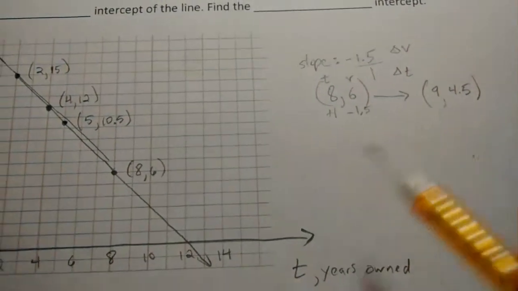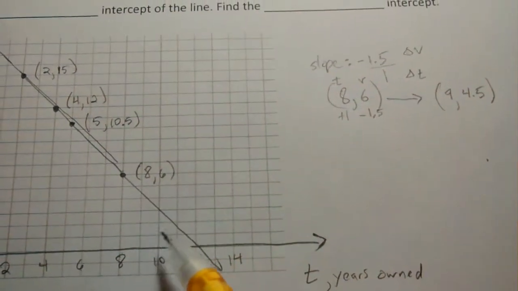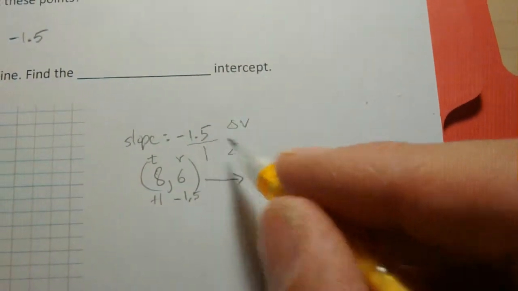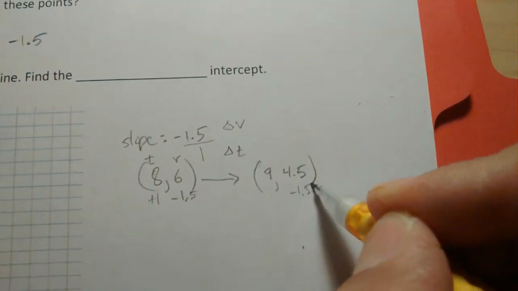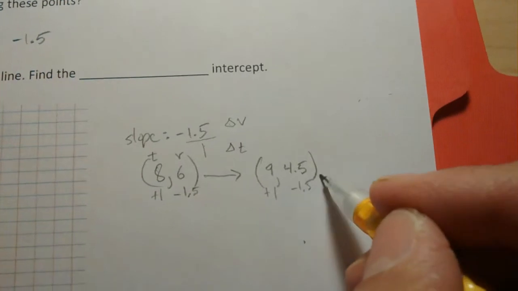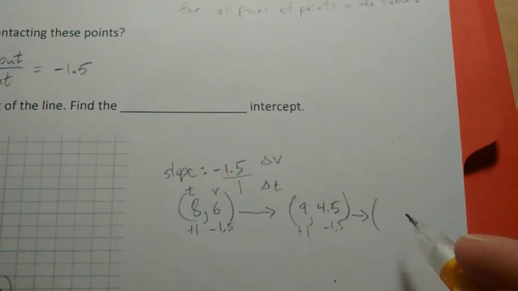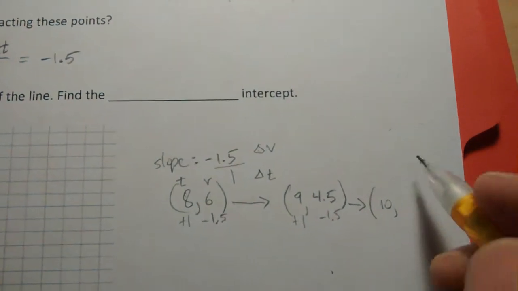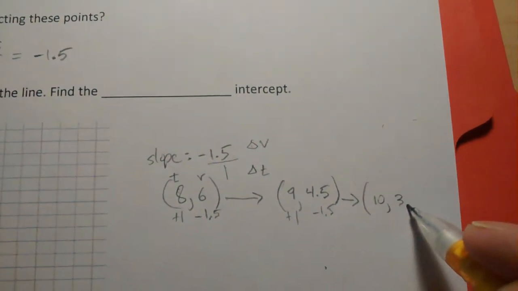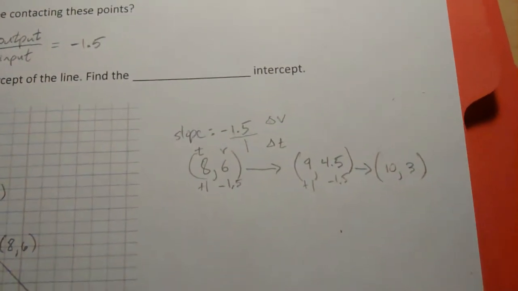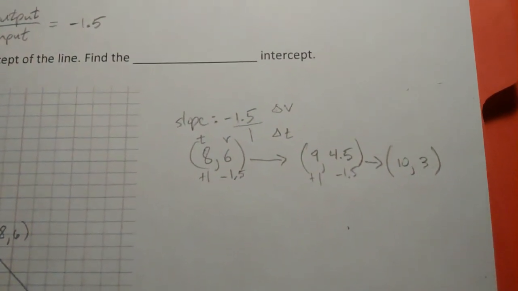So that's 9, 4.5, another point on our line, and we keep doing that until we hit 0. So again, subtract 1.5 and add 1 here. That'll give us another point. So 10, 3. Alright, keep going until you see what you get, and then compare mine in the next video.